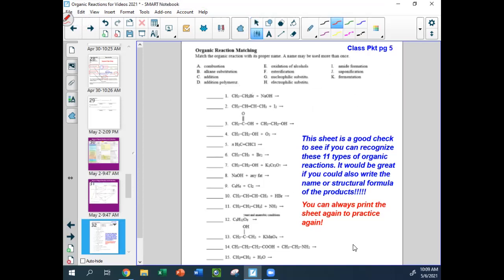As you look at this, I want you to recognize these 11 types of organic reactions. You should also practice writing the names and or the structures of the products. I know this particular sheet doesn't say that you have to, but see, there's plenty of room for you to write these products by name or structural formula.